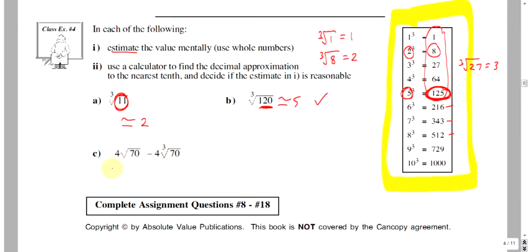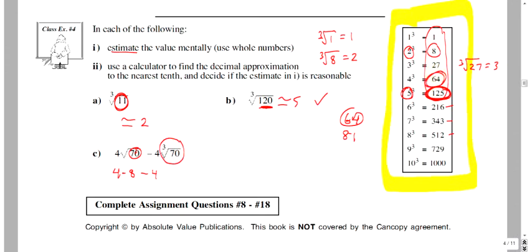Hey, estimate for this, 4 times, I don't have my square root table, oh no, what's closest to that for square root? 8 times 8, 64, 9 times 9, 81, which one is it closer to? Yeah, it's closer to that, so that's kind of like 4 times 8, minus 4 times cubed root of 70, that's the closest one.